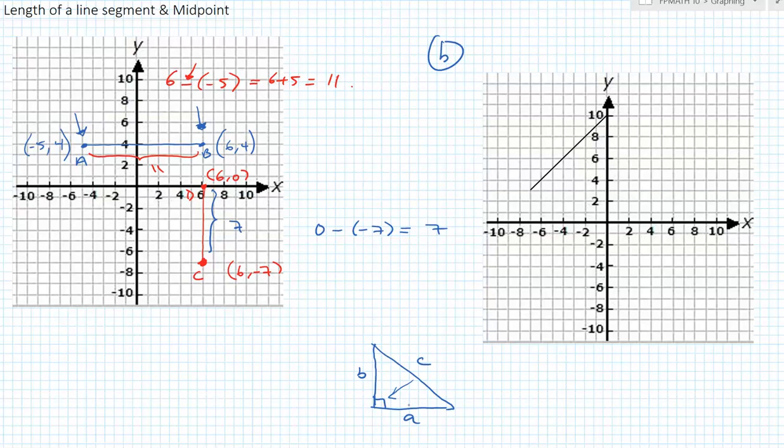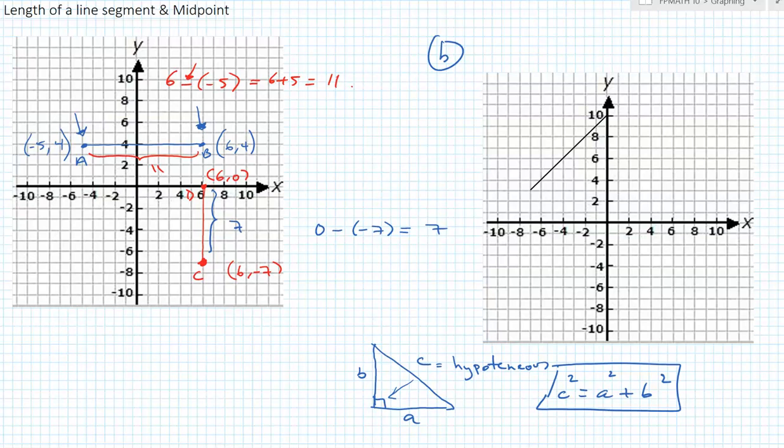That means hitting each other at 90 degrees. The side opposite of that is the longest side, which is called the hypotenuse. And you already know what that is: c squared is equal to a squared plus b squared. And that's what we're going to use here.